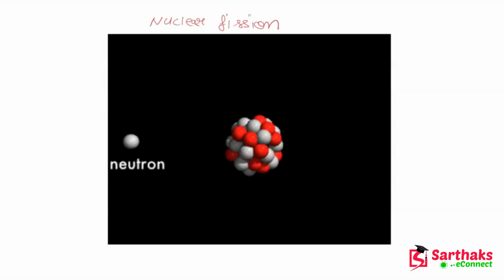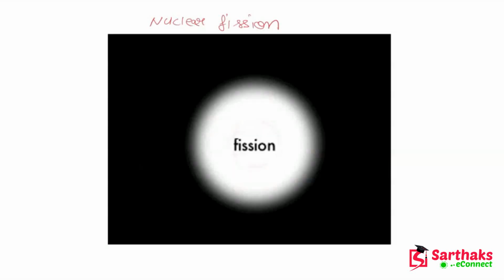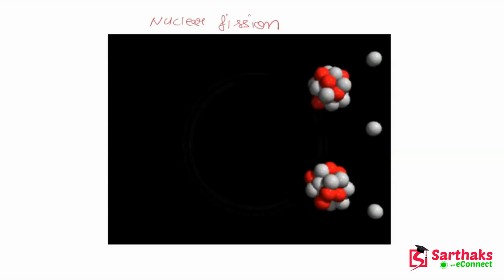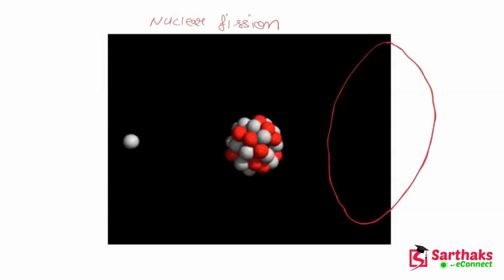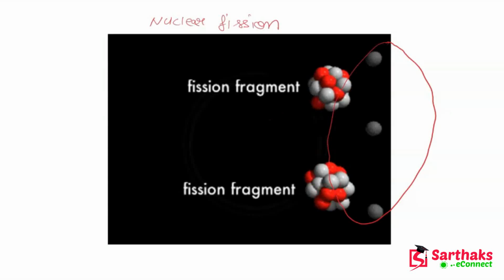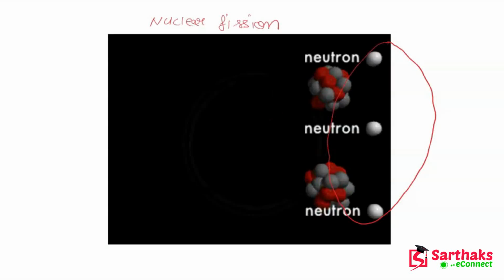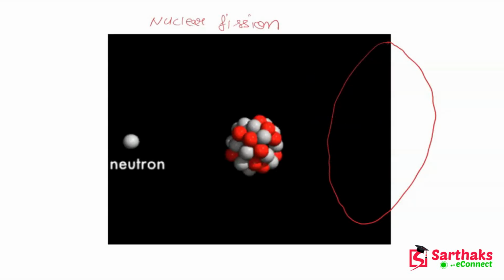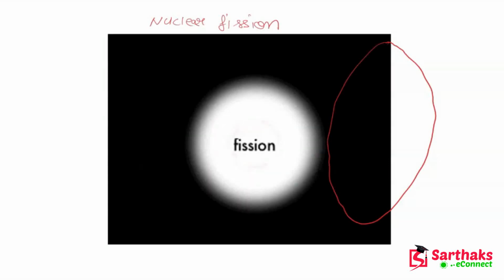And you can also see that with these two nuclei there are three neutrons which are released. Now these three neutrons will further bombard and again break another nucleus. So this reaction will continue.